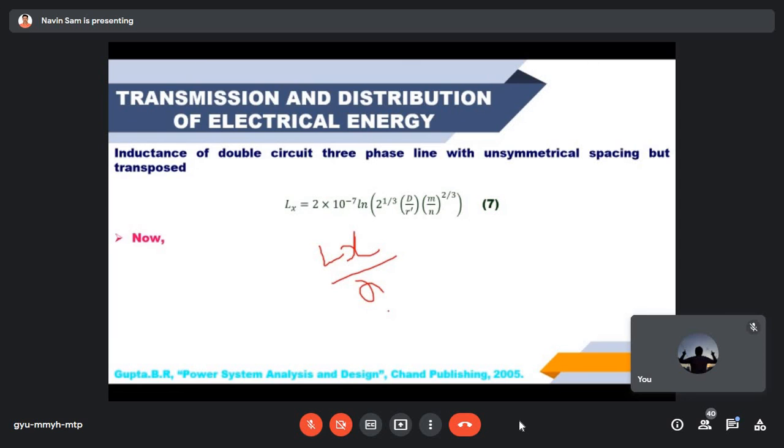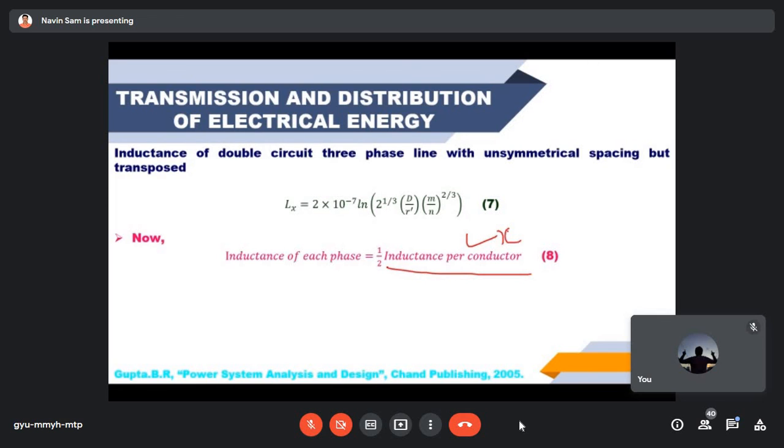So you may take down: inductance of each phase is equal to 1 by 2 times the inductance per conductor, that is, inductance per conductor is equal to Lx.